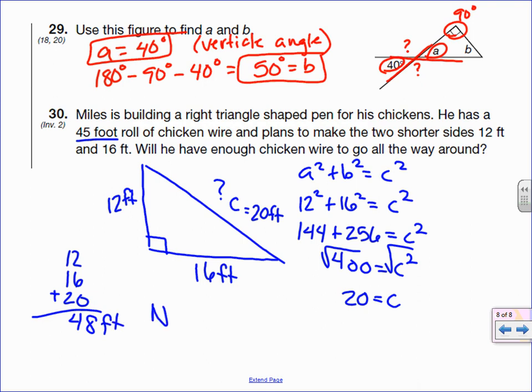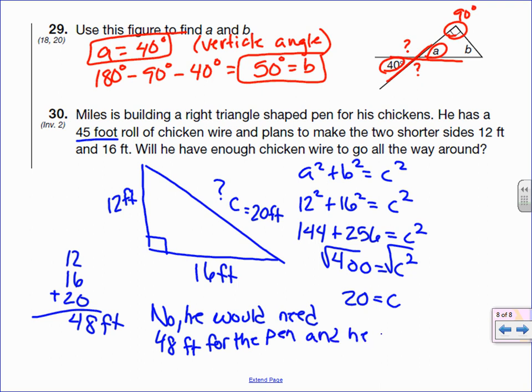So no, he would need 48 feet for the pen, and he only has 45 feet. So hopefully he checked it before he started.